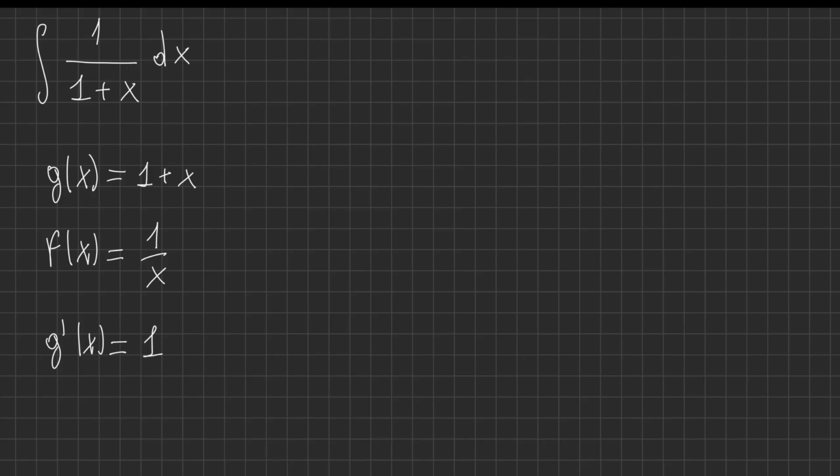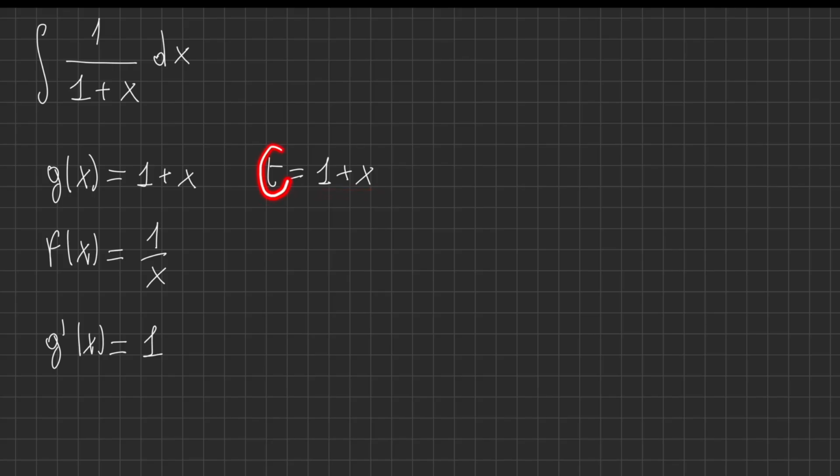So we are perfectly ready to use the following t-substitution: t equal to 1 plus x. This is what we are going to do. Now, how do you substitute this variable inside this integral and be sure that you have done it right? First of all, we are going to differentiate both sides.